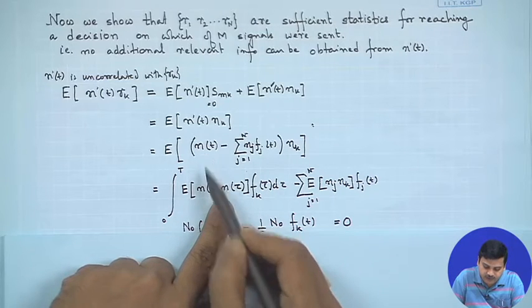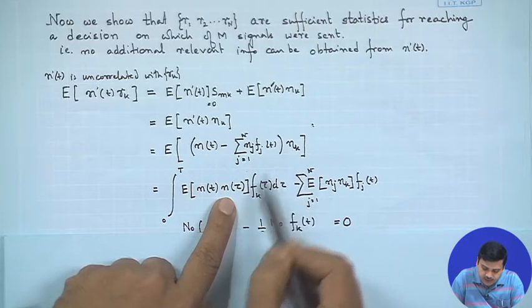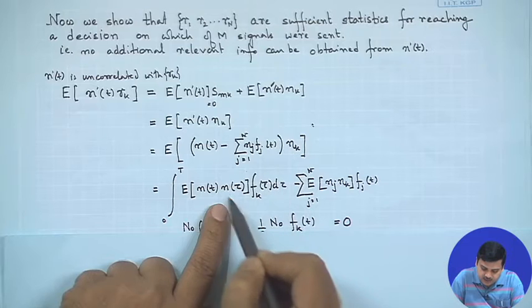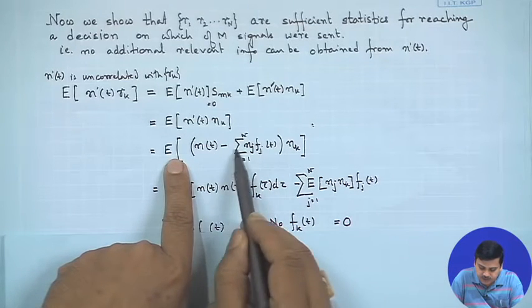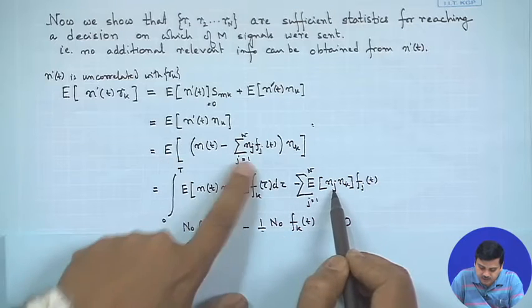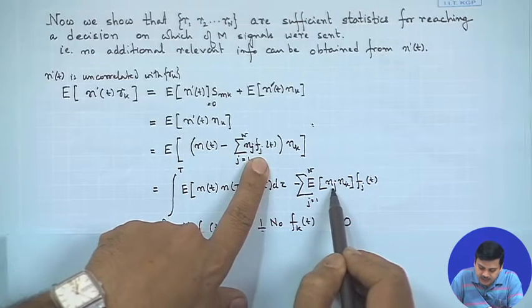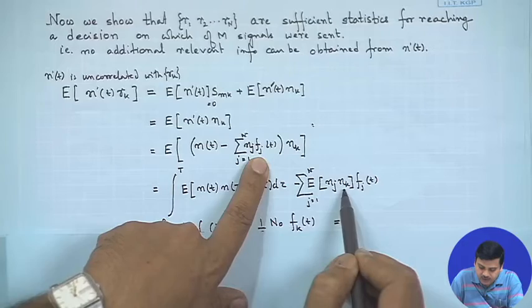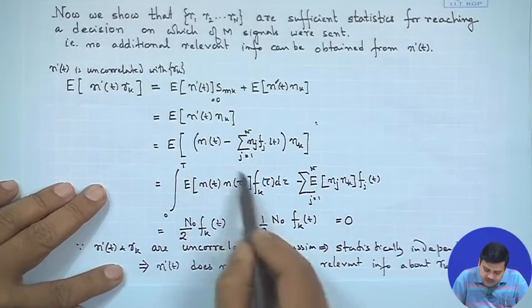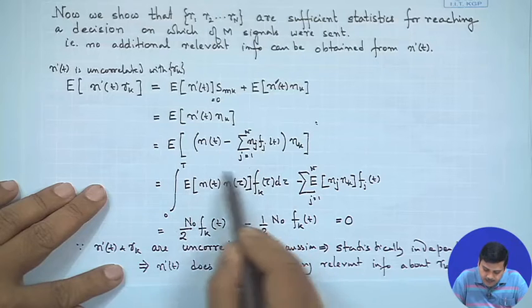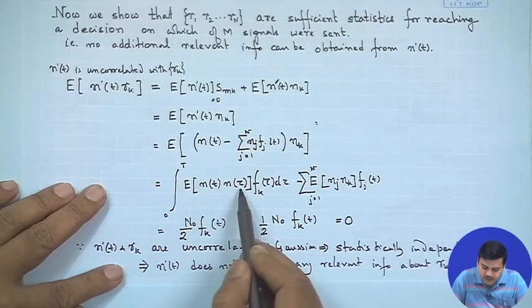So, you have n(t) and N_k as this whole expansion, minus the expectation which goes inside over here. You have f_j already, N_j times N_k already present over here. So, this expectation is N_0 by 2 delta(t minus tau).